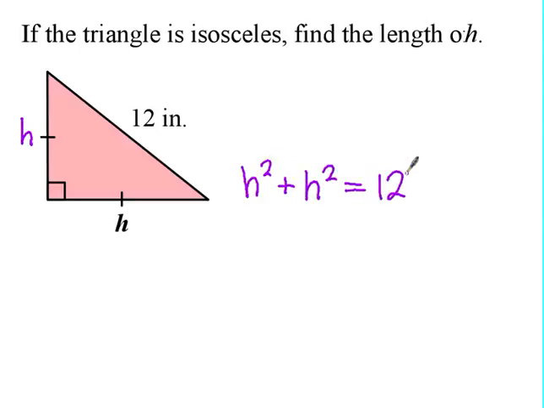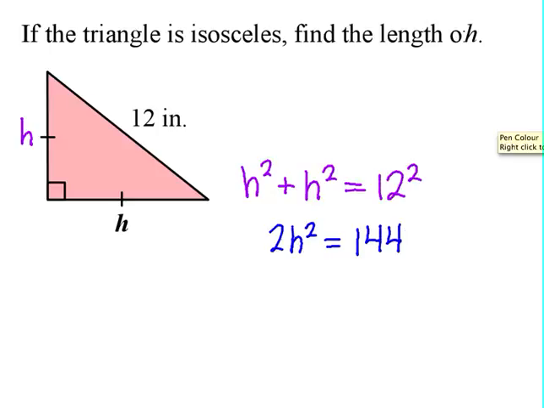See, there was a whole point in doing that. Because now, what's h squared plus h squared? Let's think about that. What's x plus x? x plus x is always 2x. h squared plus h squared is 2h squared. Okay, equals 144. That's what 12 squared is.